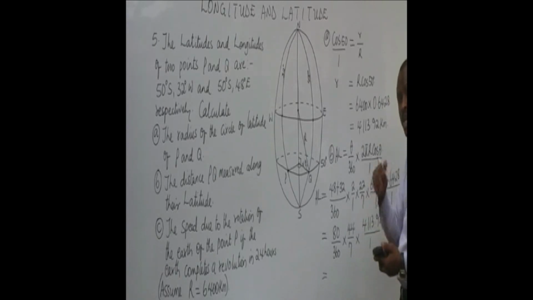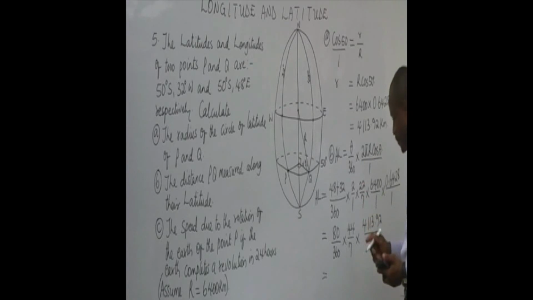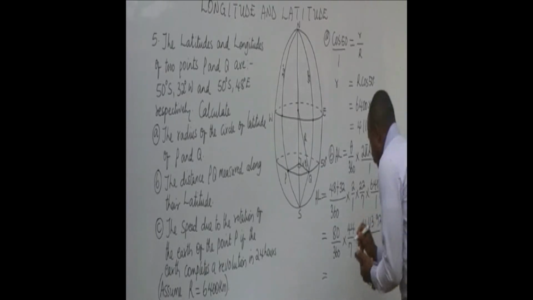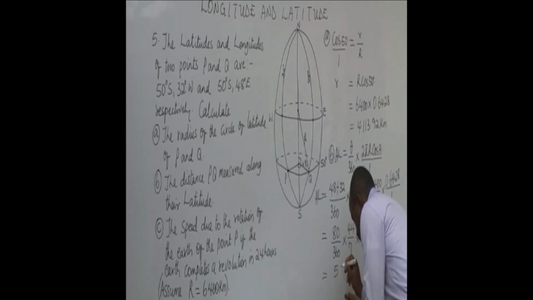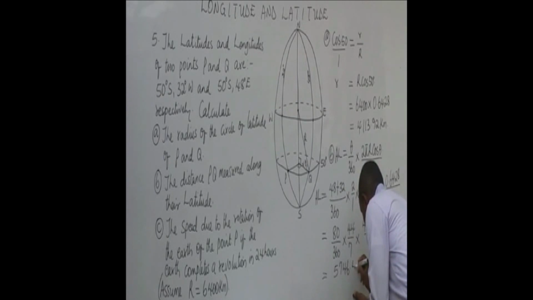The value is 2,520. So if we divide what we get by multiplying the numerators together by 2,520, the value of 360 times 7 times 1, we have 5,746.43 kilometers.